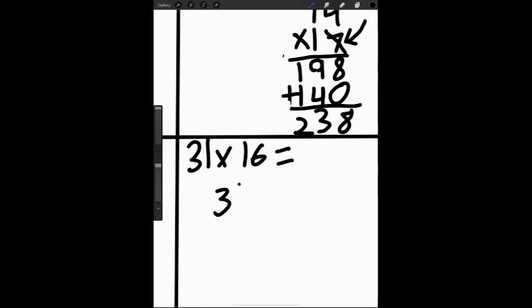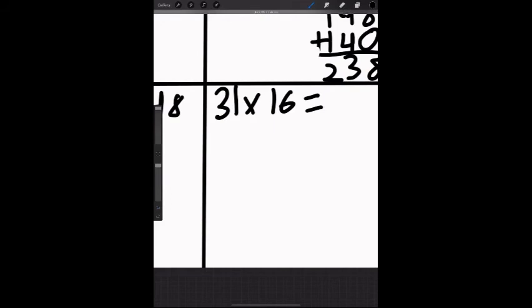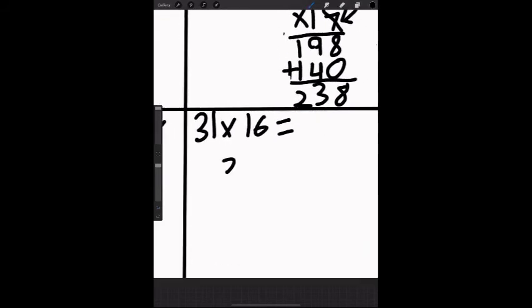Alright, I'm hoping you paused, but if you didn't pause, that is alright. Sometimes you need more help. So again, we're going to multiply 1 times 6, and that would be 6, and 6 times 3 equals 9. So your first answer should be 96, and you're gonna again cross that 6 out and make sure that 1 is actually 10 in disguise, right?